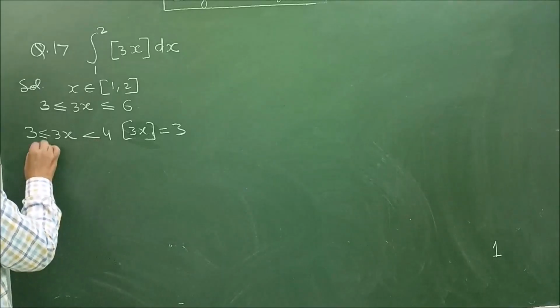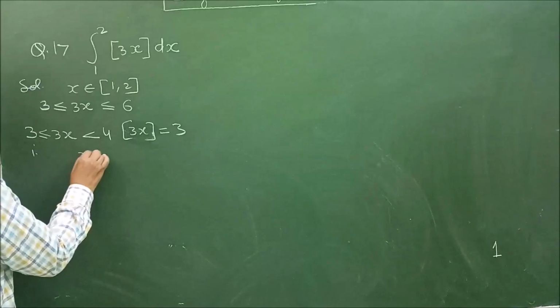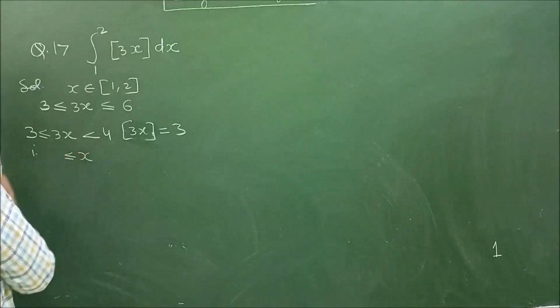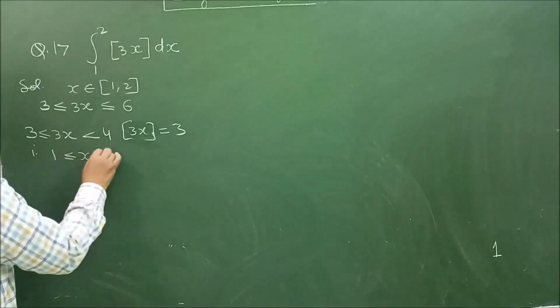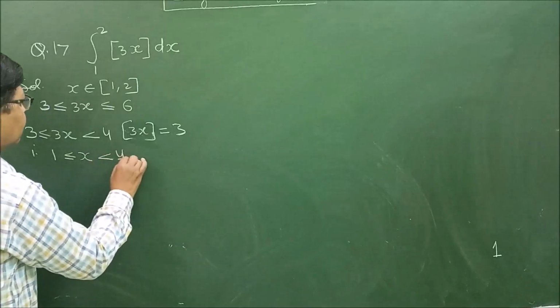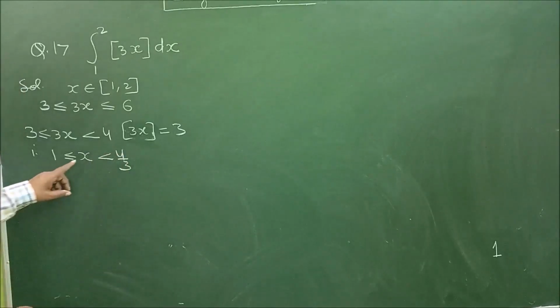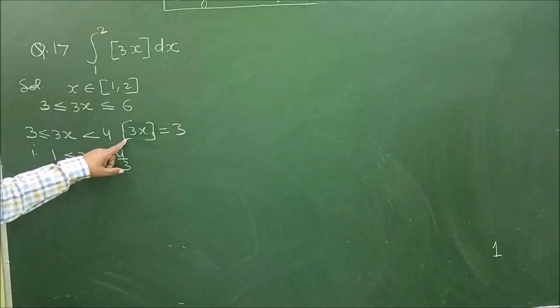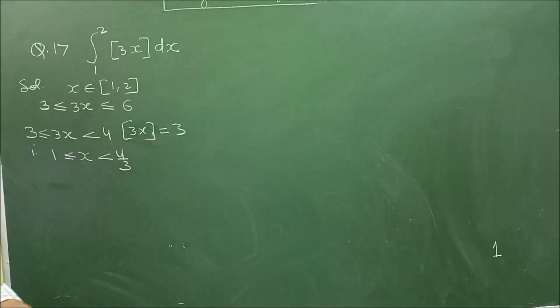So in this case, x lies between 1 and 4 upon 3. When x is between 1 and 4 upon 3, greatest integer 3x is equal to 3.